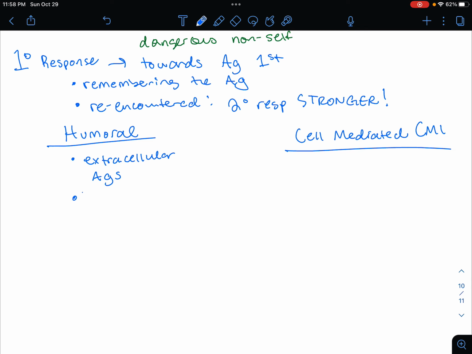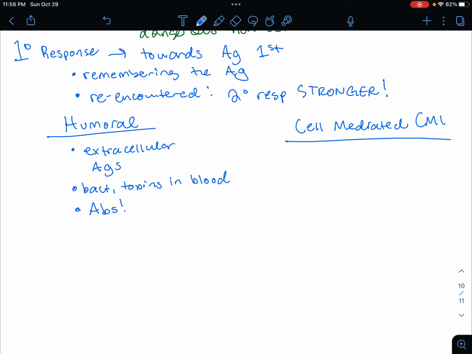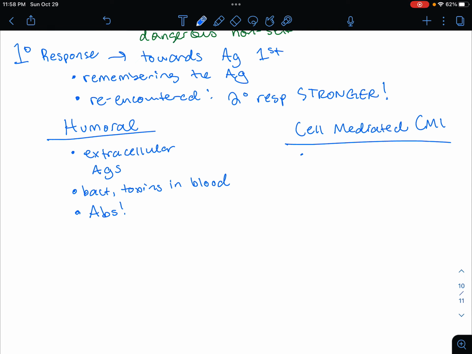So bacteria, toxins in bloodstream or tissue fluids, and we're going to be using antibodies here. In the cell-mediated, these are going to be dealing with antigens inside a host cell, such as when a virus is infecting a cell.